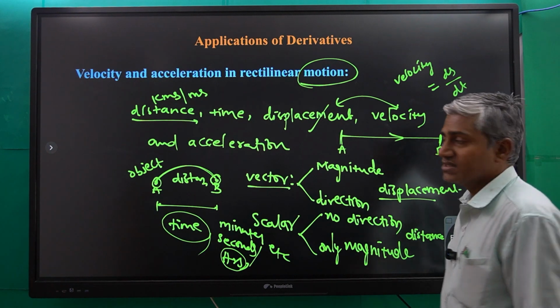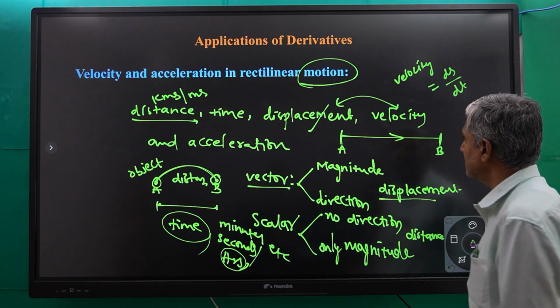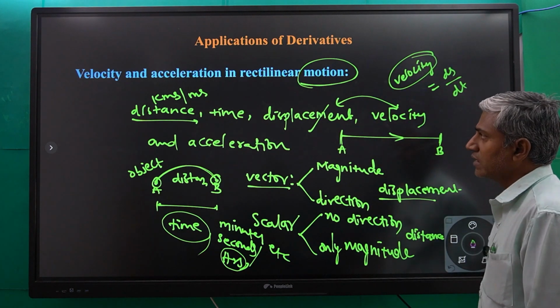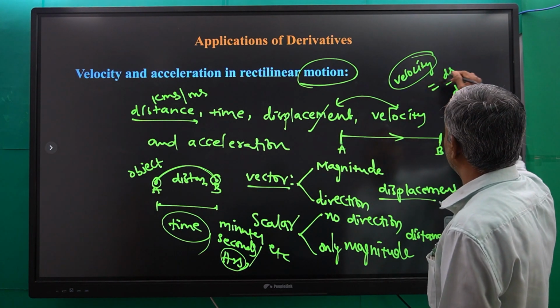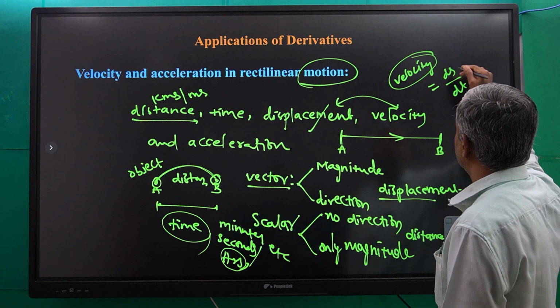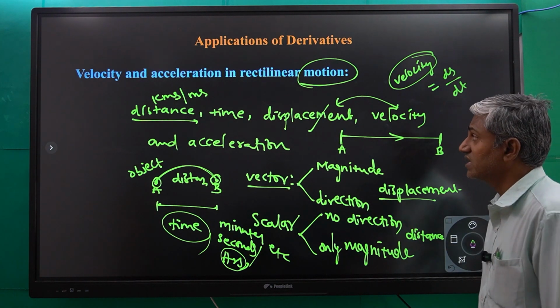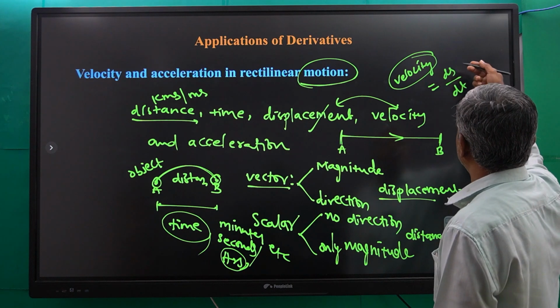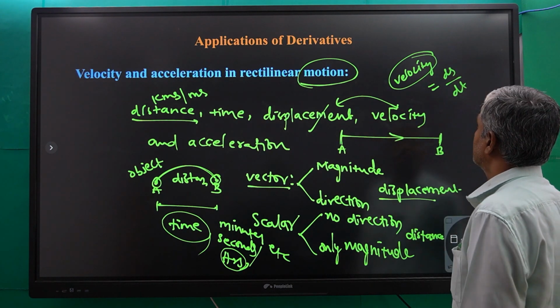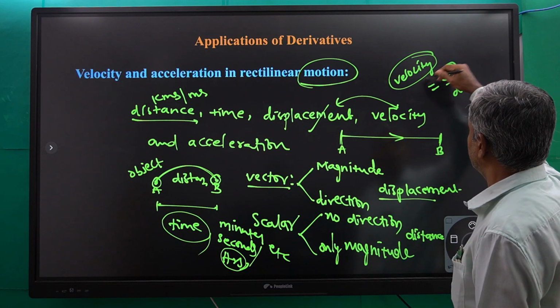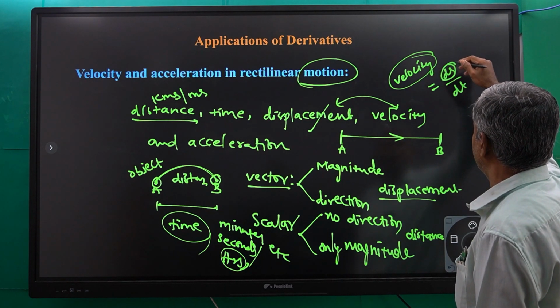That ds by dt is said to be velocity in this case, where ds is displacement, with respect to time. It is also called speed, the rate of change of displacement with respect to time.